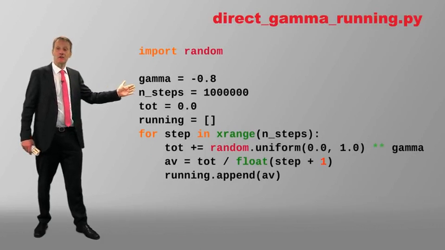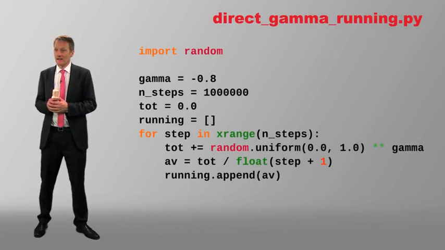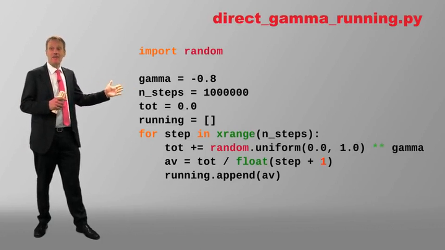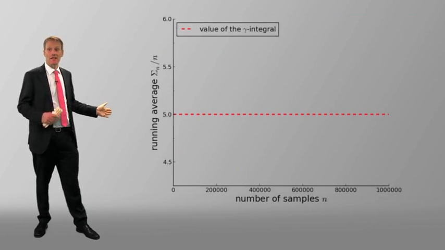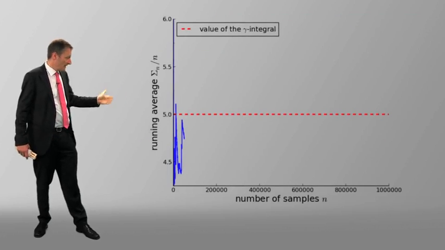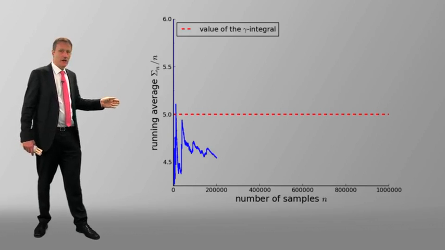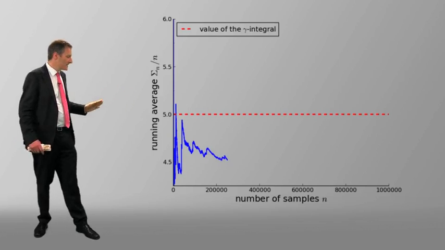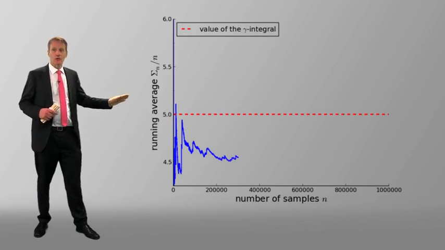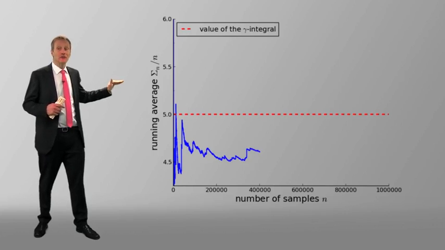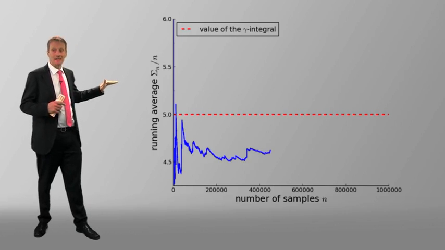So this gives directgammarunning.py. Output of directgammarunning.py is shown here. You see initially we have very unpredictable result, and then for a very long time the simulation zeroes in on a result which is different from 5, the exact value.